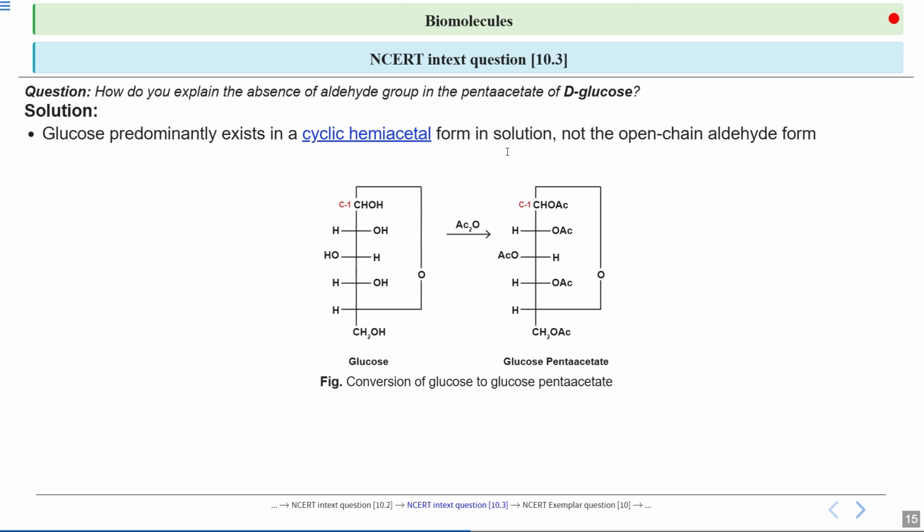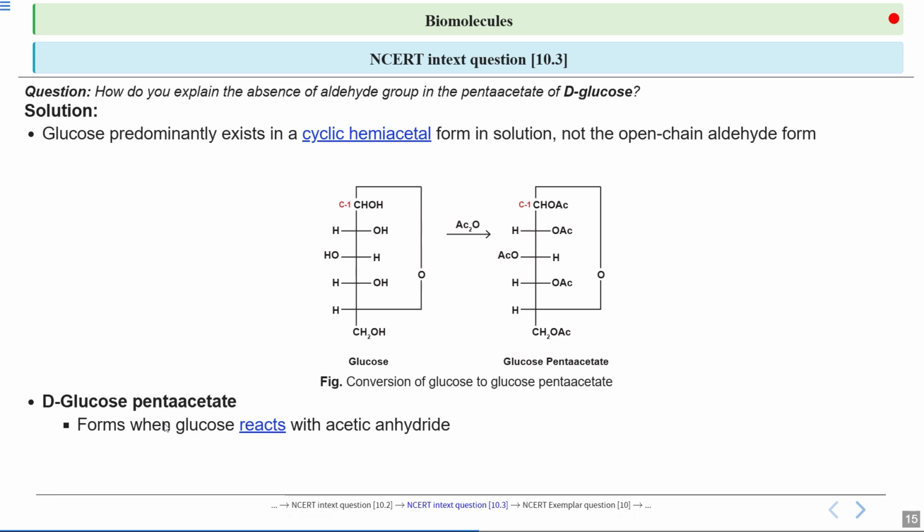So if you see the conversion of glucose to pentaacetate, this is glucose, and when you treat it with acetic anhydride, it forms glucose pentaacetate. At carbon 1, you have an OAc group present over here. During the reaction, all the 5 hydroxyl groups on glucose are replaced by these OAc groups, or the acetyl groups.